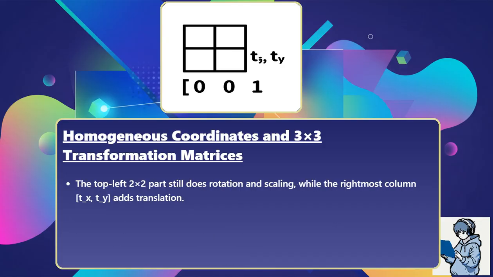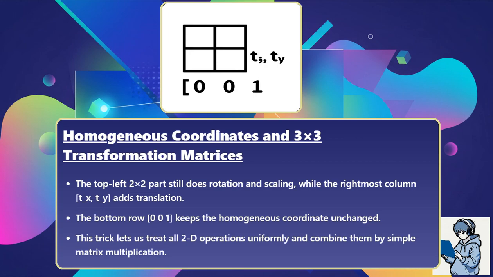The top left 2x2 part still does rotation and scaling, while the rightmost column (t_x, t_y) adds translation. The bottom row (0, 0, 1) keeps the homogeneous coordinate unchanged. This trick lets us treat all 2D operations uniformly and combine them by simple matrix multiplication.